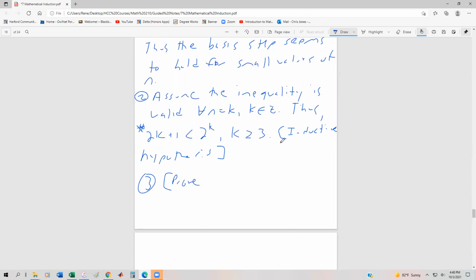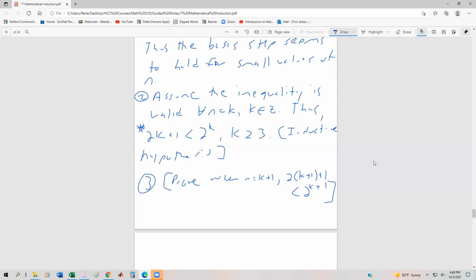So we're going to prove when n equals k plus 1, or in other words, we have to somehow get to 2 times k plus 1 plus 1 is less than 2 to the k plus 1.